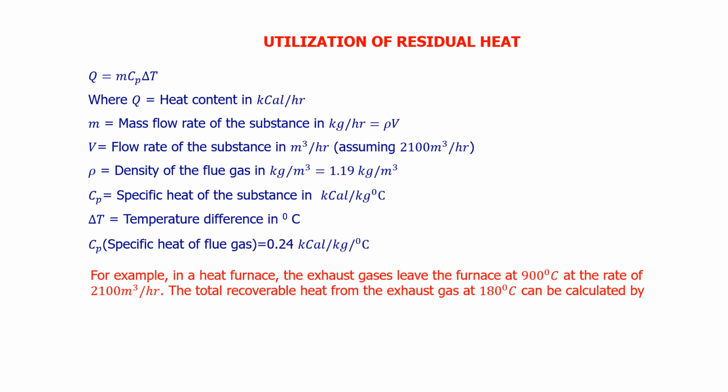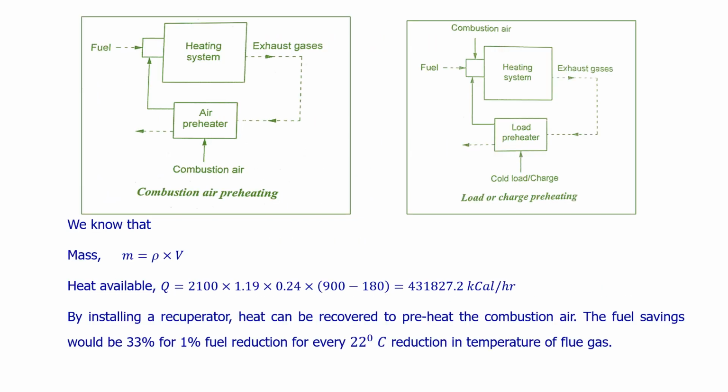For example, take one industrial application: in a heat furnace the exhaust gas leaves the furnace at 900 degrees Celsius at the rate of 2100 cubic meter per hour. The total recoverable heat from the exhaust gas at 180 degrees can be calculated using the above equation, Q equals m Cp delta T. The temperature difference is 900 and 180 degrees, that is delta T, and the flow rate, capital V, is given in cubic meter per hour.